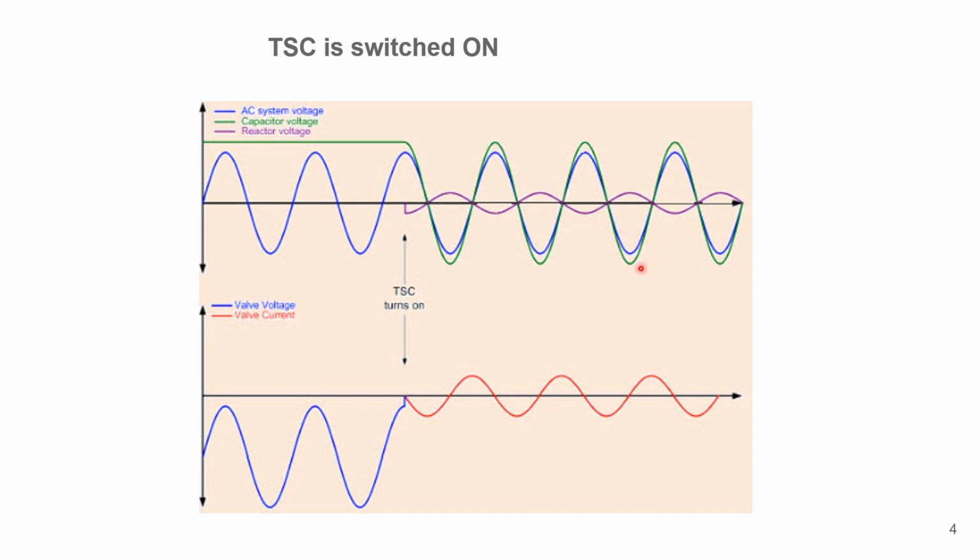The TSC has a resonant circuit, as you can see from the connection: you have an inductor as well as a capacitor. So there will be a sudden shock and oscillatory currents flow. That will produce a high frequency ringing effect, which affects the thyristor valves.